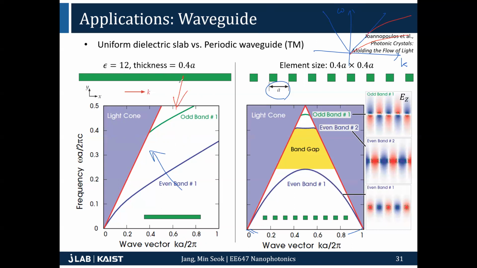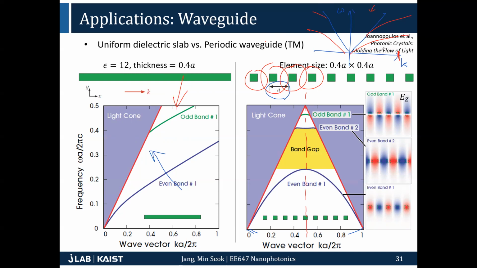That's the situation here. And then if you have a periodicity, this type of dispersion relation is repeated every 2 pi. So what happens is that effectively, at the end of the Brillouin zone, so this is basically the end of the Brillouin zone.